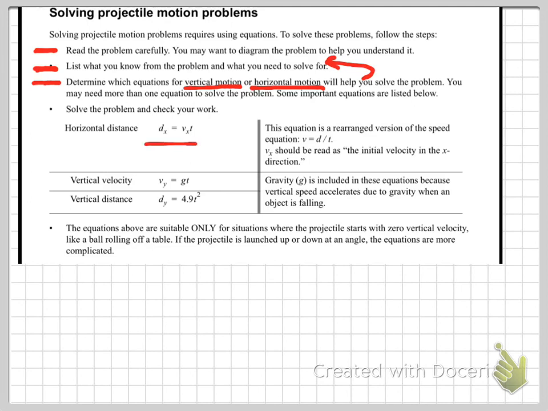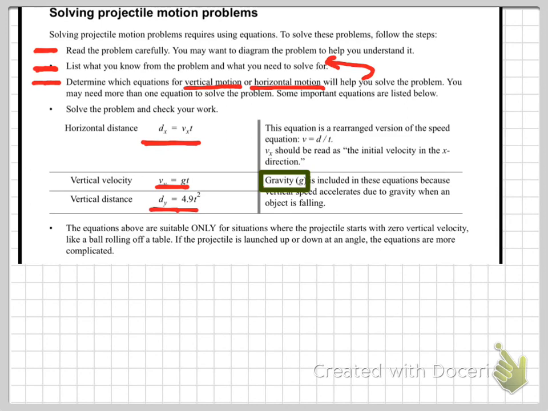So remember, these are your 3 base equations you're working from. You can use algebra to move things around. In the y direction, remember gravity is included. That's 9.8 meters per second squared, little g.